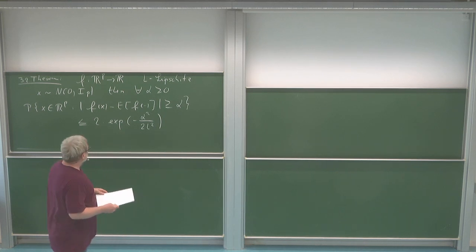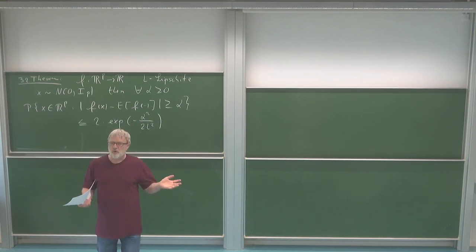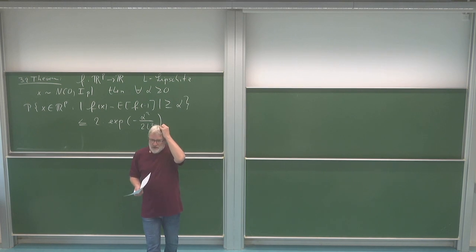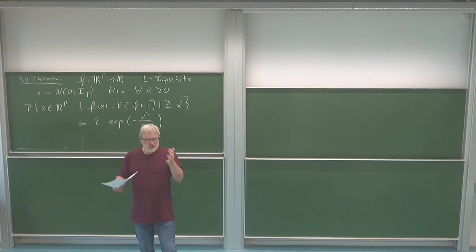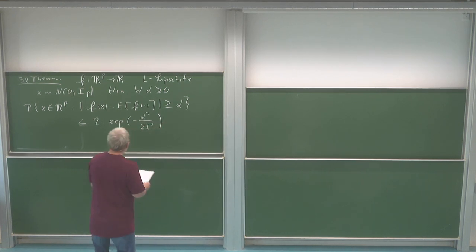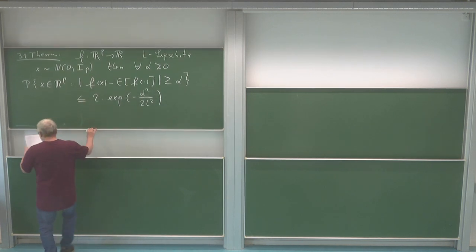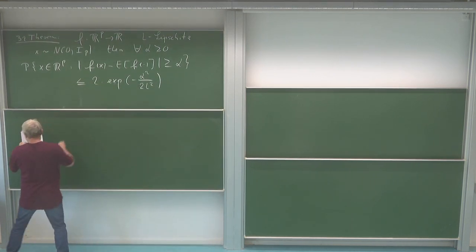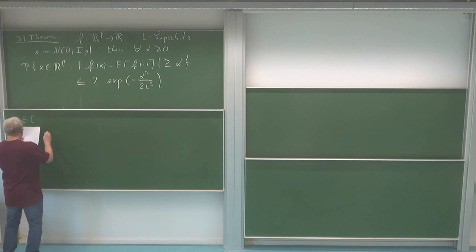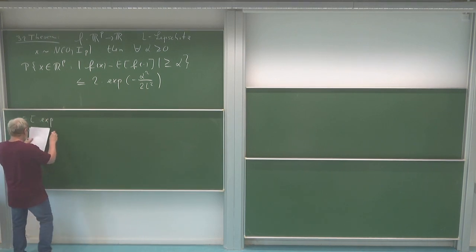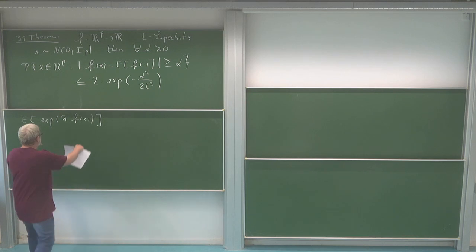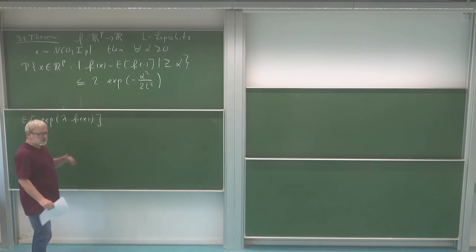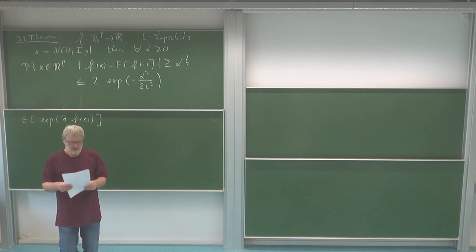The idea of the proof is the same as in all those concentration estimates, namely we use Markov inequality, but we apply it to e to our function. So what we really have to estimate is the expectation of the exponent of lambda f of x, because then we apply Markov to this, and lambda is a parameter which we choose later in order to optimize what we get.